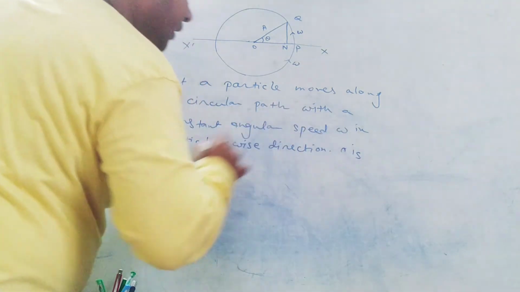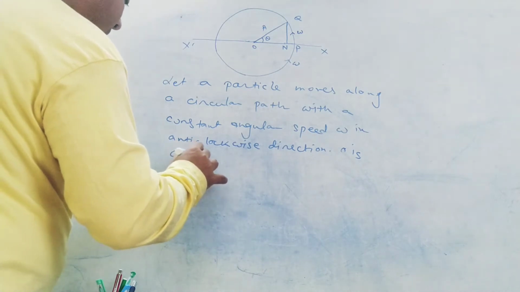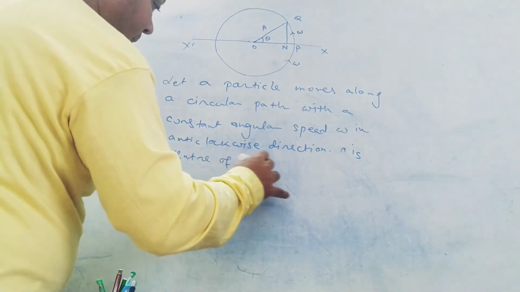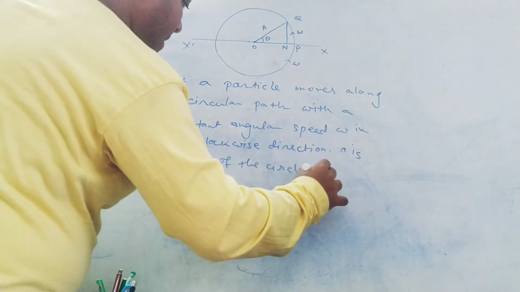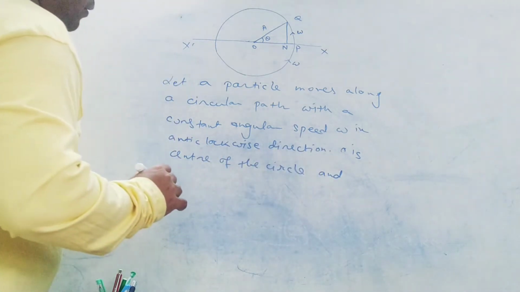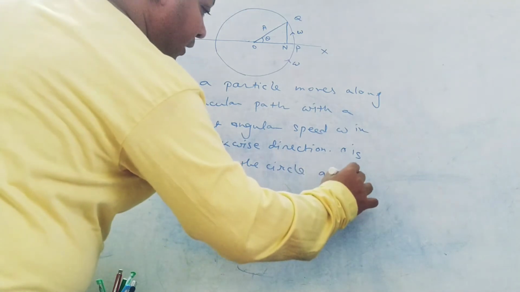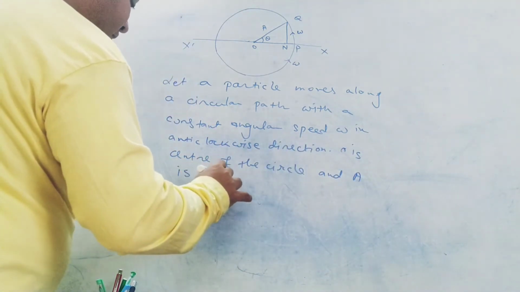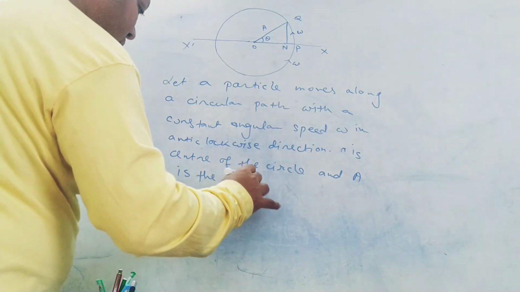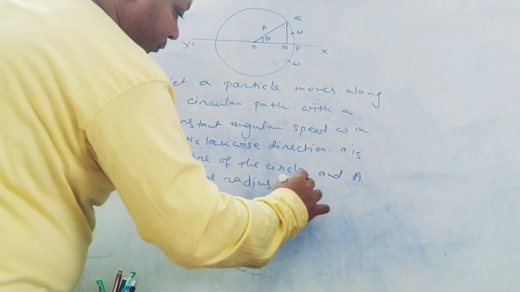O is the center of the circle and capital A is the radius of it.